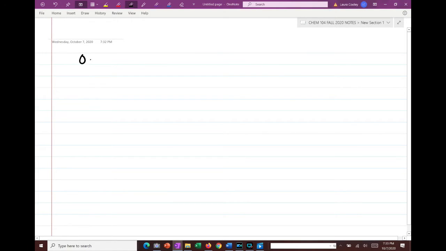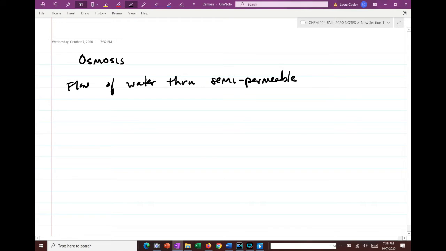So I've already said that osmosis is the flow of water through a semi-permeable membrane, that just means it doesn't let everything through, just those small water molecules.